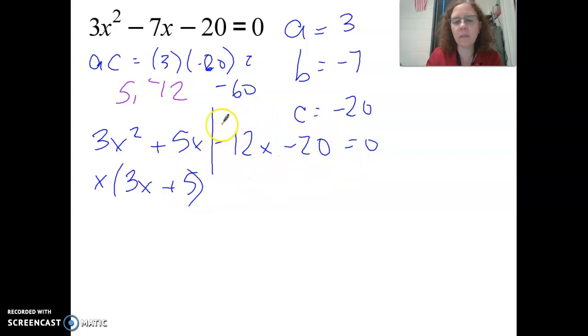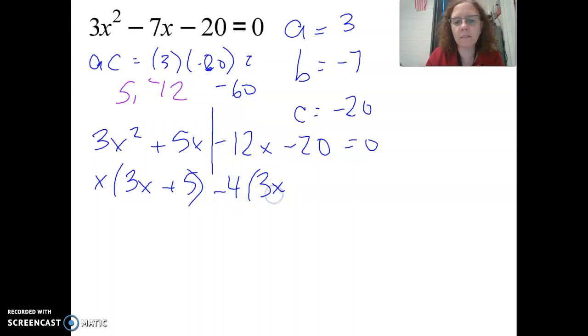All right, now I'm going to look at these. And I notice right away that the signs here are both negative and the signs here are both positive. So in order for it to match, I'm going to have to change my sign. I'm going to have a negative on my GCF. And the biggest number that'll go into 12 and 20 is 4. This time I'm not going to have an x because I have an x here, but not here. So it's not common. I can't put it in my GCF. All right, I'm going to divide. -12 divided by -4, +3.